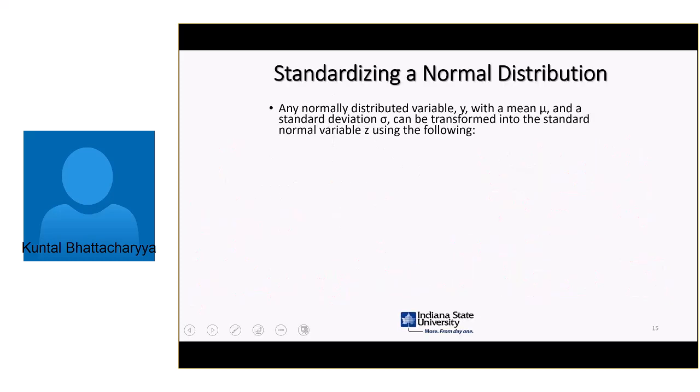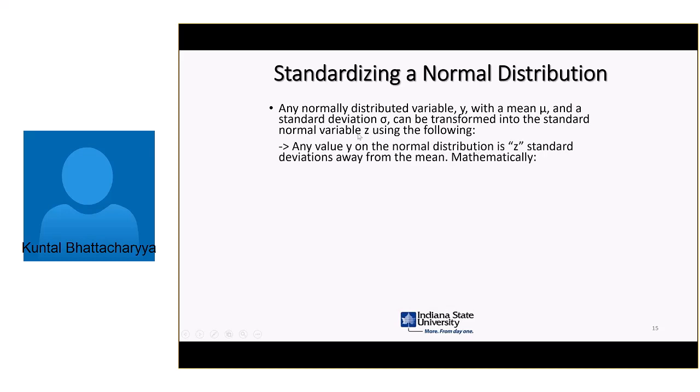And so that is what I have written up here in this slide. Any normally distributed variable y with a mean mu and a standard deviation sigma can be transformed into the standard normal variable z using the following. One, any value y on the normal distribution, and I call this y, you can call this x, it doesn't really matter, is z standard deviations away from the mean. So mathematically, your x or y is mu plus z sigma.